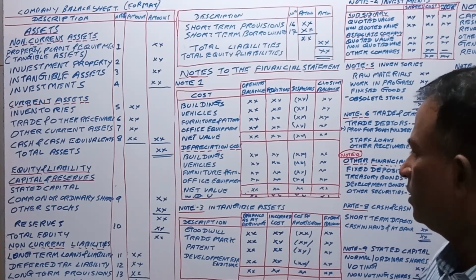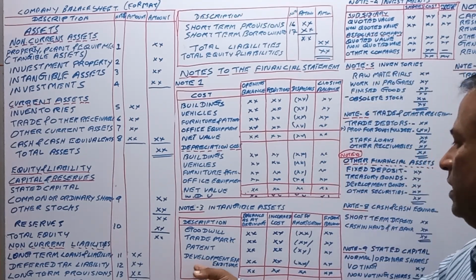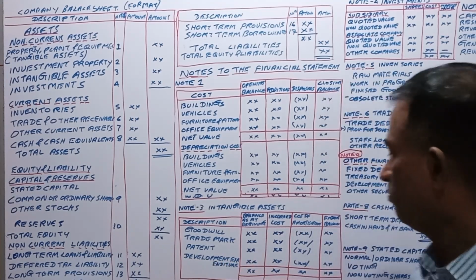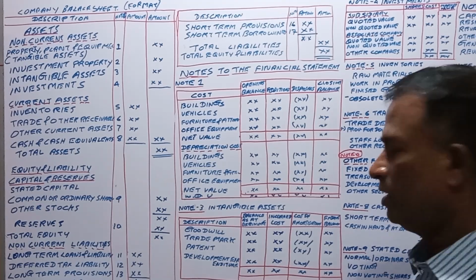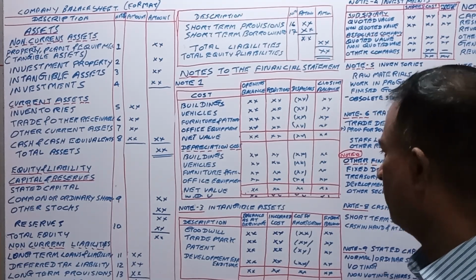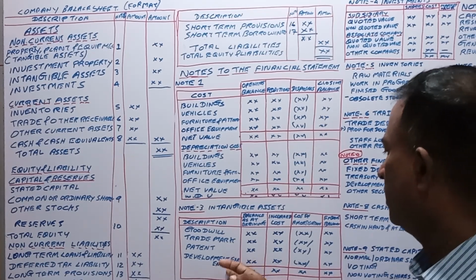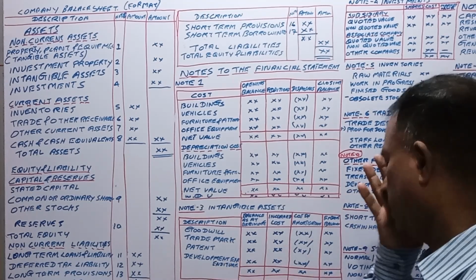Patent. Patent also is an intangible asset. Other one is development expenditure. Whatever the development expenditure we have done, we have capitalized here, right? That is mentioned in the development expenditure.